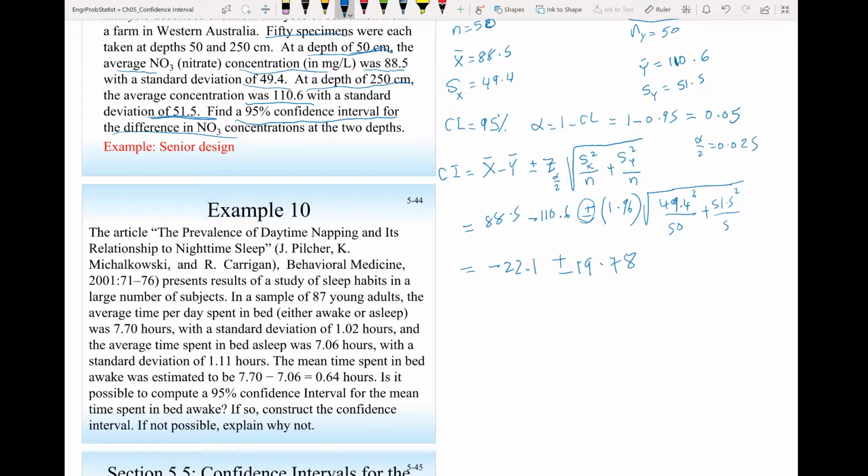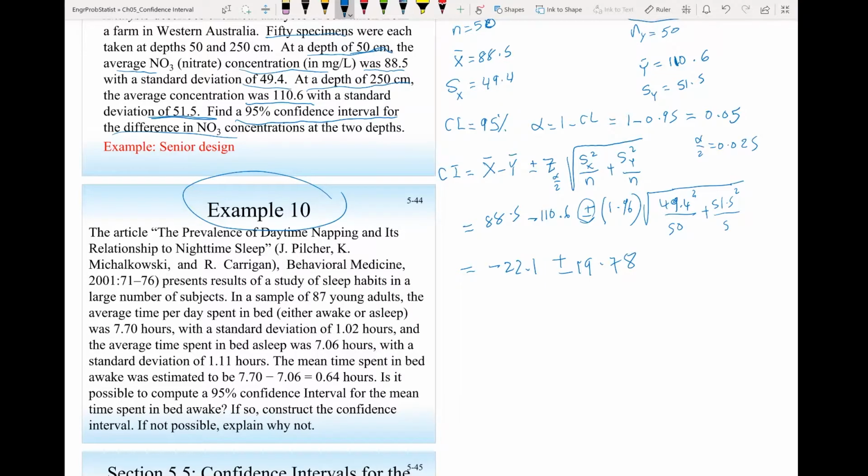Okay, so let's look at another example here, example 10. The article, The Prevalence of Daytime Napping and Its Relationship to Nighttime Sleep, published by McWhiskey and Kerrigan, Behavioral Medicine magazine, presents results of a study of sleep habits in a large number of subjects.